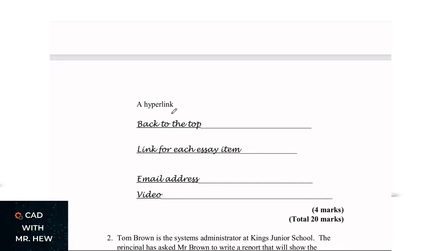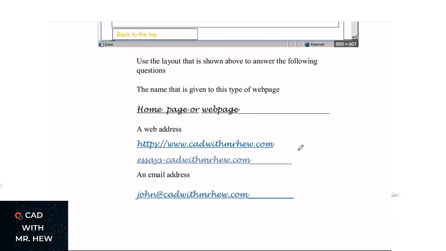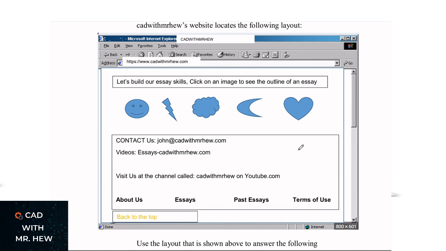Another question is a hyperlink that was shown on the web page, and the correct answers are back to the top, link for each essay item, email address, and video. So if we go up to the web page, the hyperlink, if you click on this hyperlink that says back to the top, it will take you to the top of the page. About us, essays, past essays, and terms of use.